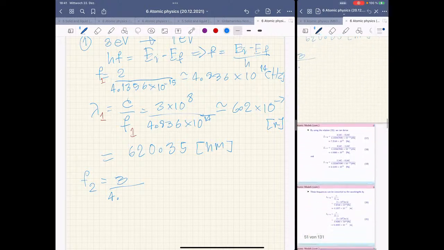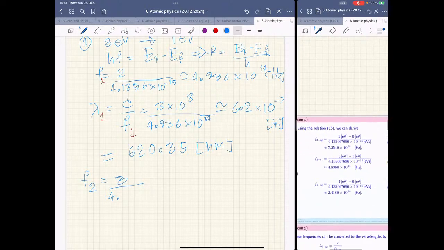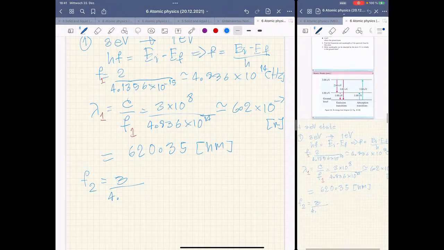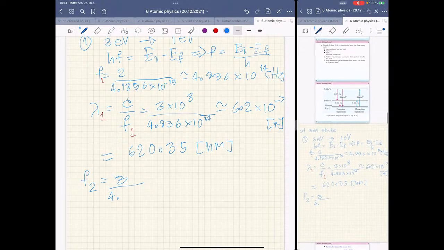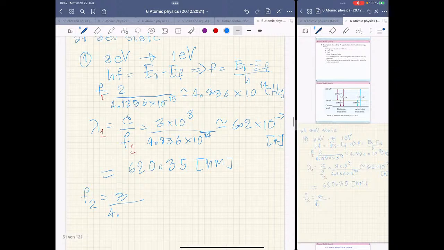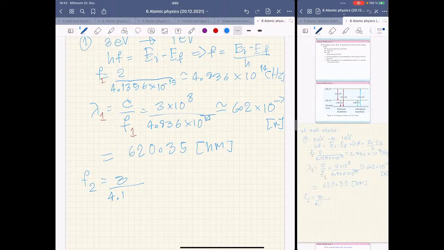Let's check whether our solution is correct: 3 to 1 is 4.836. Yes, the frequency is correct. Now the frequency for the electron from 3 eV to the ground state. This one is 4.1356 times 10 to negative 15.